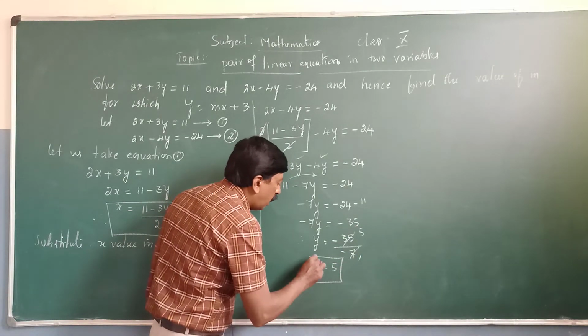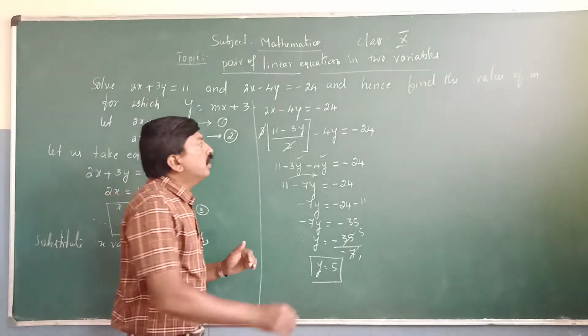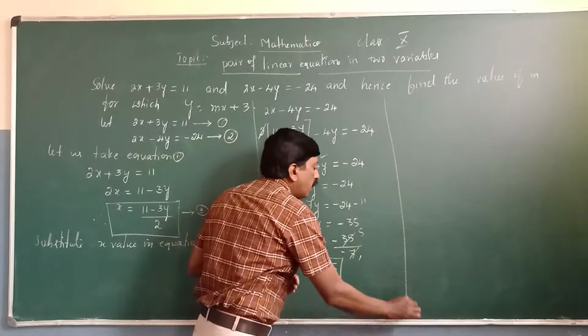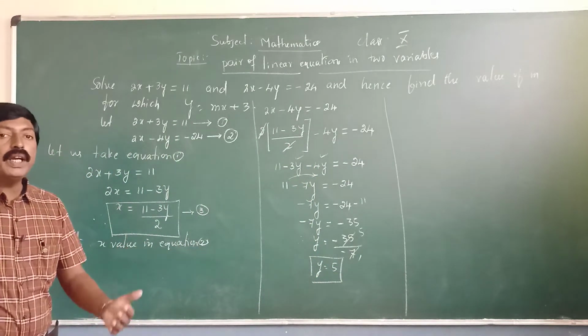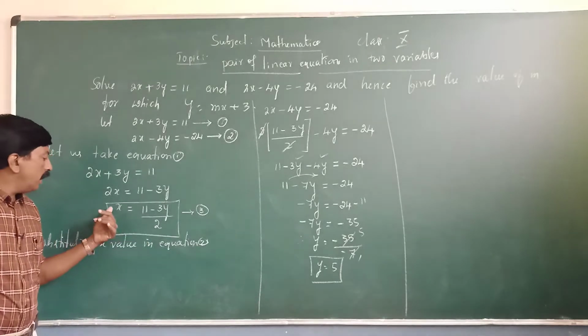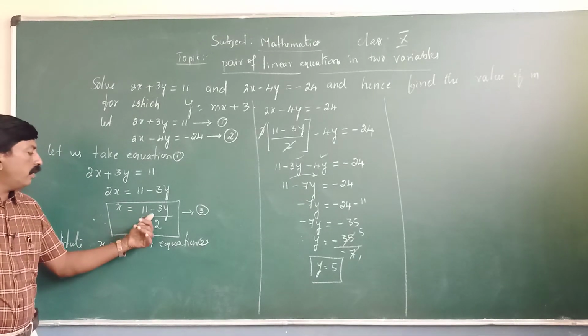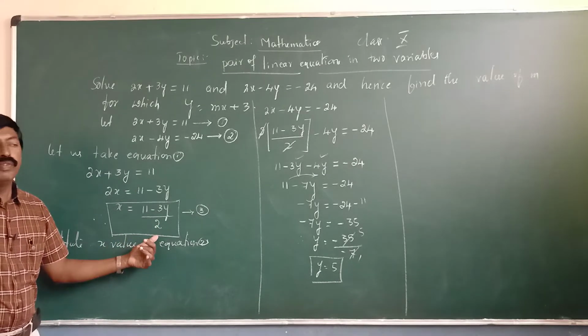Now we got the y value as 5. With the help of this, you can find the x value. We already know x is equal to 11 minus 3y divided by 2.